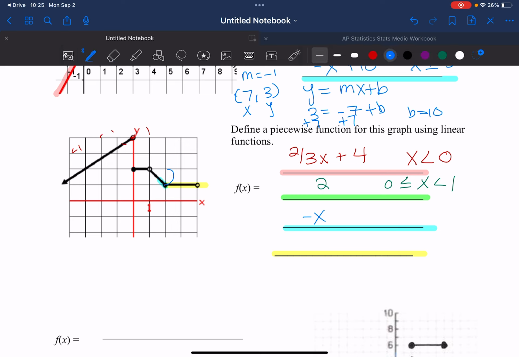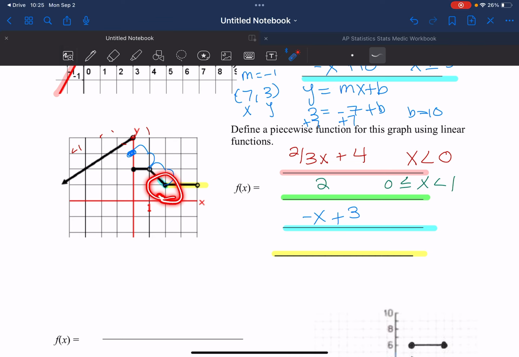Okay. If I continue my slope up 1, left 1, I'm going to hit the y-intercept at 3, the y-axis at 3. Okay, so that means I have a restriction from 1 to 2. Notice that my 1 is open, but my 2 is solid.